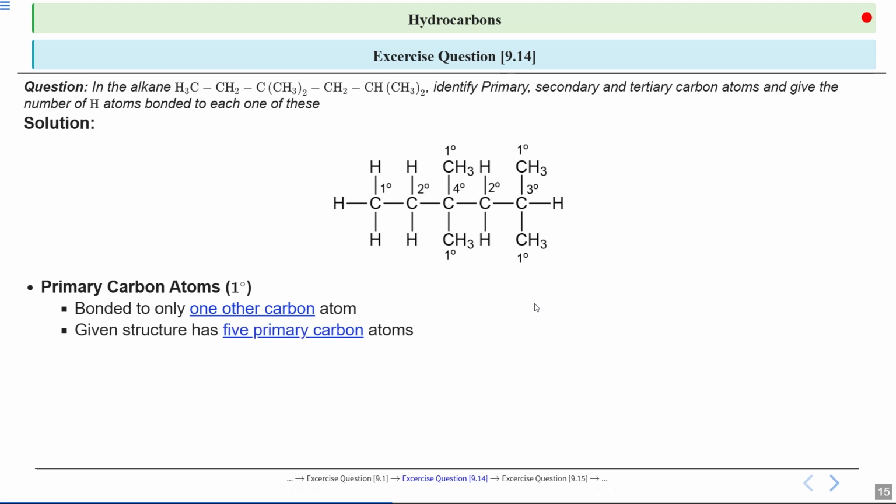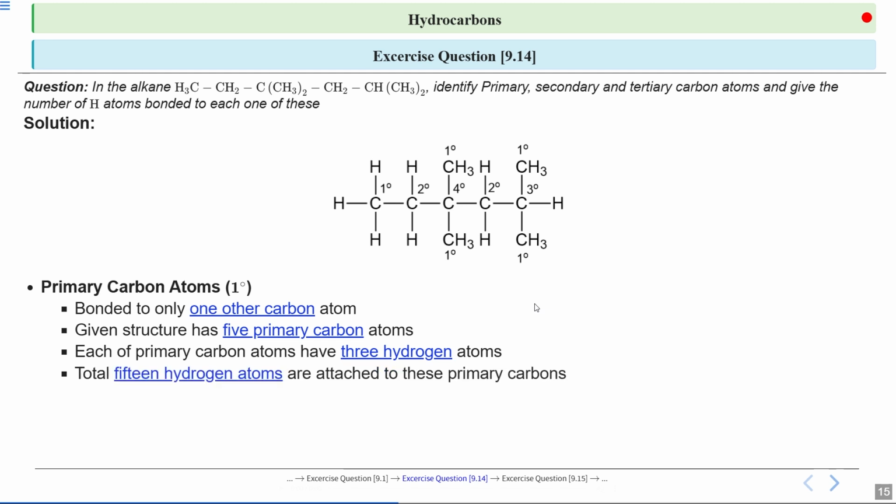The given structure has 5 primary carbon atoms. You can see 1 degree written on 5 carbons. Each primary carbon atom is bonded to 3 hydrogen atoms. This is a key feature of primary carbon in alkanes and affects the molecule's chemical properties. So, you can observe that 15 hydrogen atoms are attached to primary carbons present in the given structure.